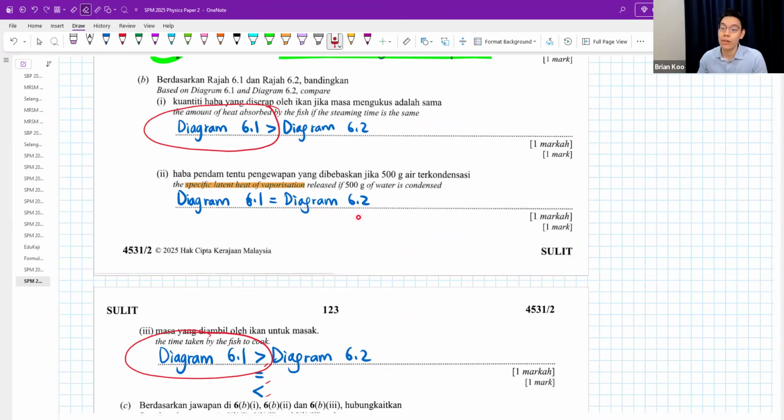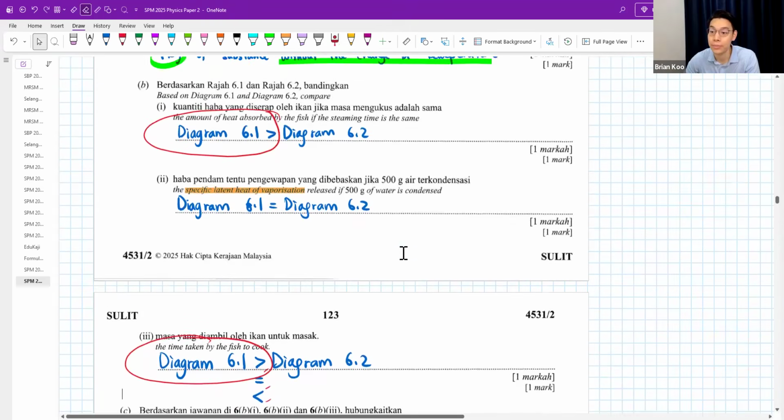That's right. Okay. So I will have to follow my answer. Or you can also say when the amount of heat absorbed is greater, the time taken for the fish to cook is unchanged. Or amount of heat absorbed is greater, time taken for fish to cook is shorter. Follow your own answer.